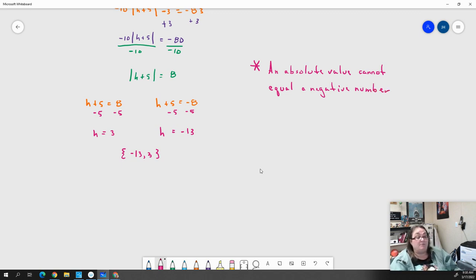Can't equal a negative number because as soon as we pull it out, it becomes positive because we're talking about that distance. So if I have the absolute value of x equals negative 6, this does not work. There is no solution for that. Does that make some sense?